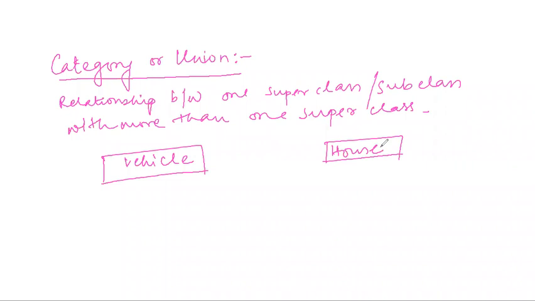Is that true? Yes or no? Yes, ma'am. So how does this owner entity relate to both of them? They are united, right? That means the owner entity is related to both the vehicle entity and the house entity, and house is a superclass and vehicle is a superclass.